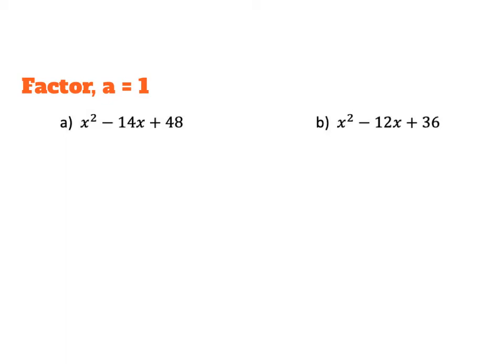So let's take a look at a couple others. It's going to be really important that you are paying attention to the signs here in front of the numbers. In this case, we're multiplying to a 48, and we're adding up to a negative 14. So the first thing you can do is list out all your factors of 48.